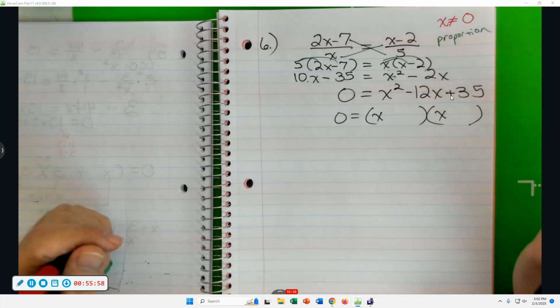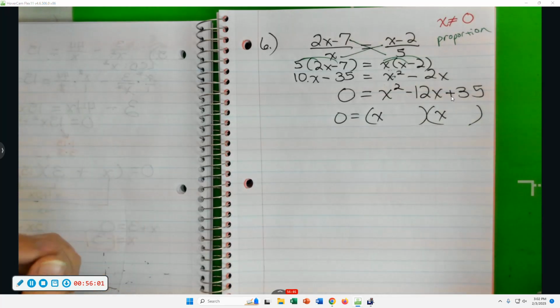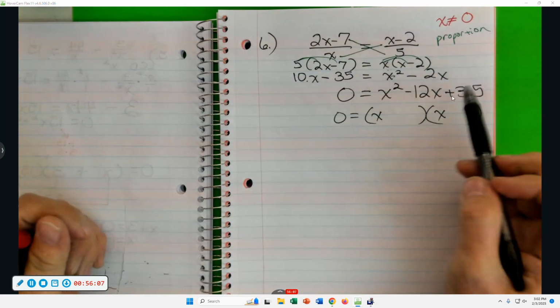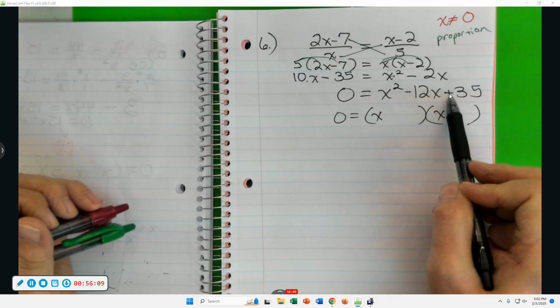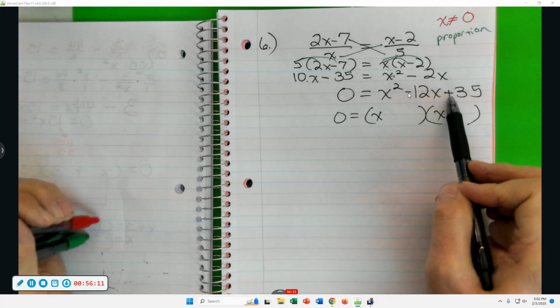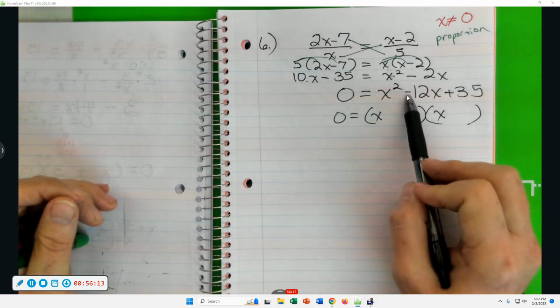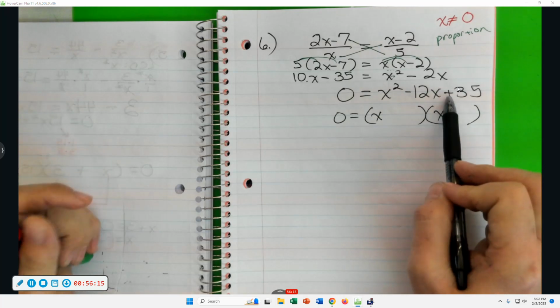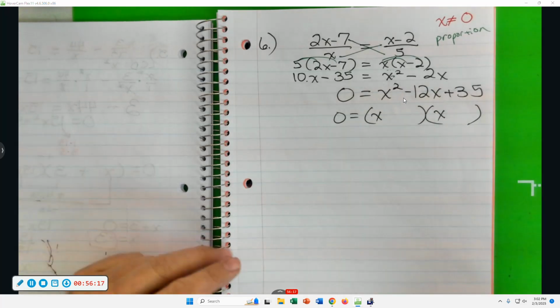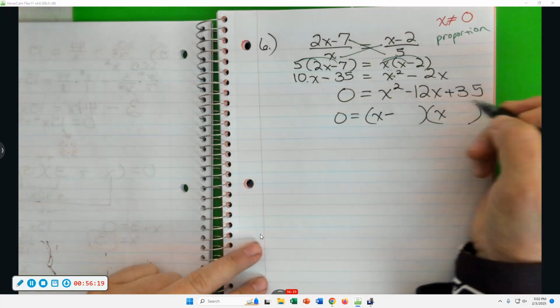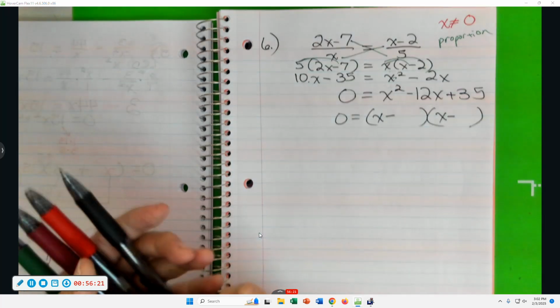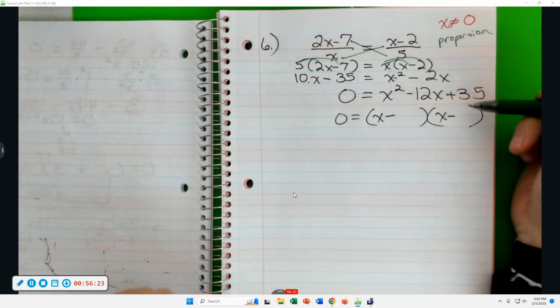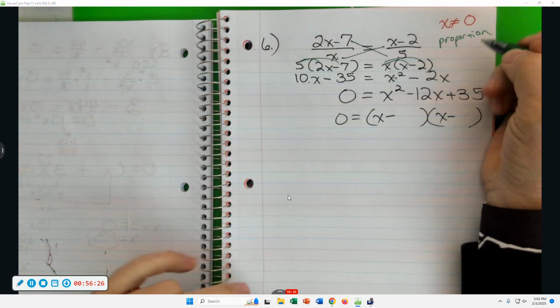What do we know about the signs? We know something definite here. If the last sign's a plus, you're going to have a negative times a negative. If the last sign's a plus, you have 2 of the first signs. And for 35, what times what equals 35?